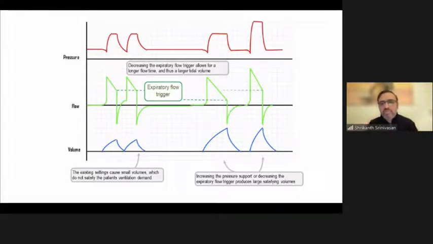Obviously, the volume which is delivered will depend upon the compliance of the system, right? If the compliance is very, very poor, you obviously may have to increase the pressure support as well. So a combination of increasing the support and reducing the expiratory flow cycle to around 10% is what is going to give adequate ventilation and an adequate inspiratory time for these patients and satisfy the patient's demand for volumes.